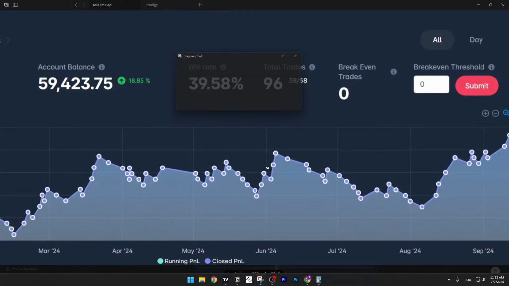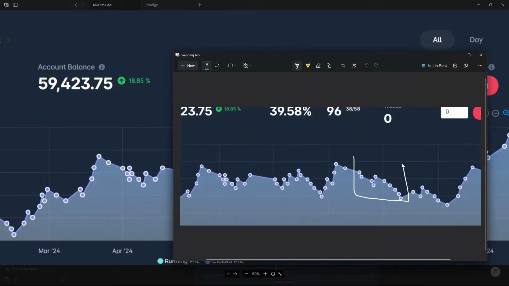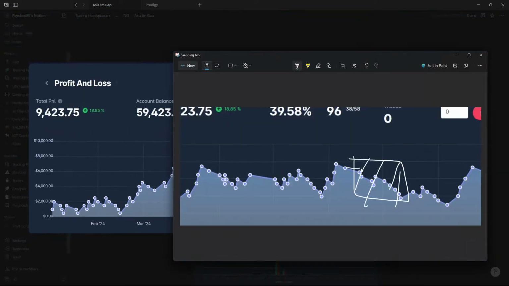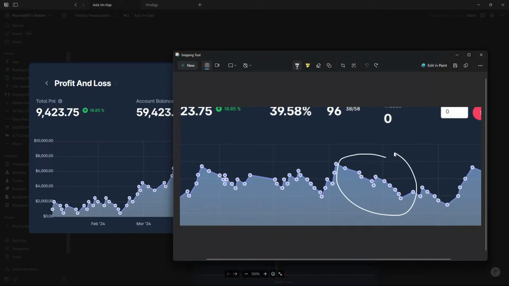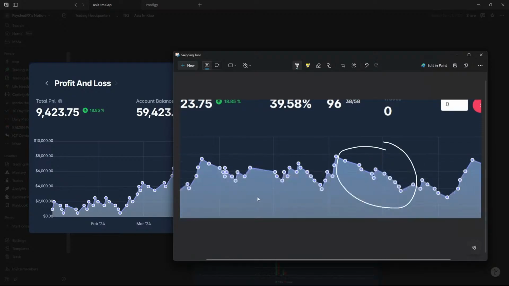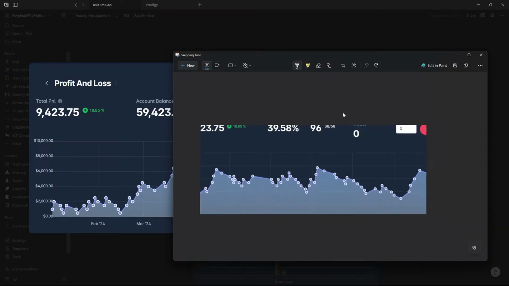Because all of this you're avoiding, and then you start going up from here. That's what makes your equity curve cleaner, and that's what makes consistent profitability. This is not how consistent profitability looks like.